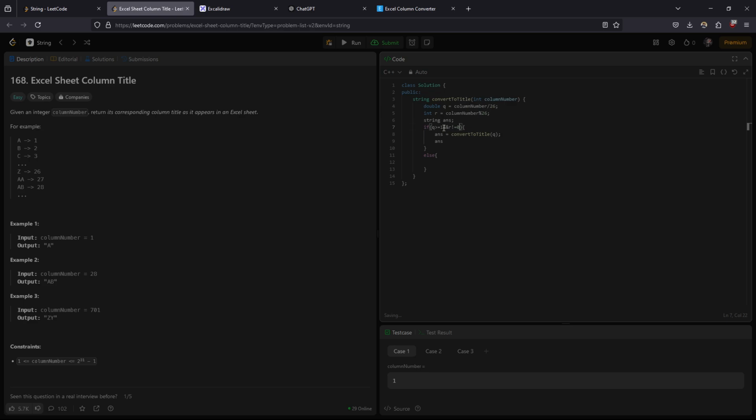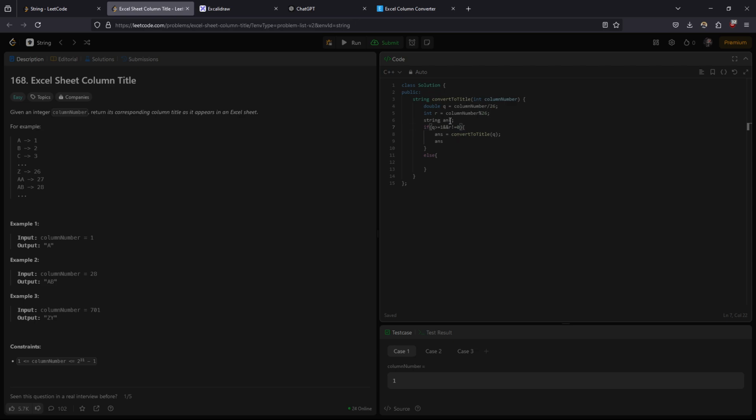When the quotient is 1 and the remainder is 0, then the answer will be Z, right?